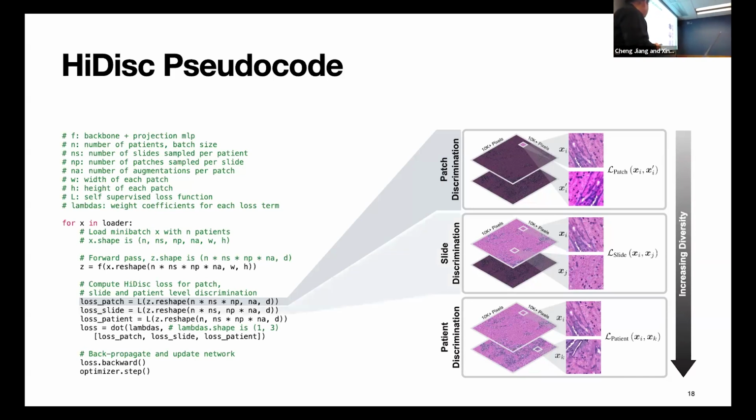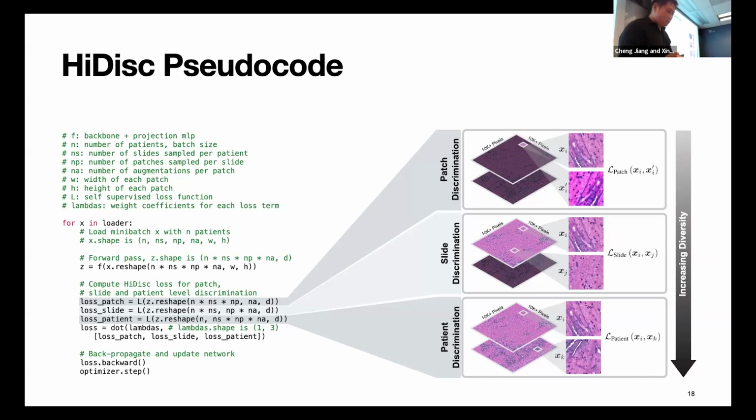We compute the loss at the slide level, which gives us slide discrimination. And we also compute the loss at the patient level. We can add these loss functions together to balance the different ways we want to weight patch discrimination, or maybe weight slide discrimination more to have a better custom representation for a different task that we're interested in.